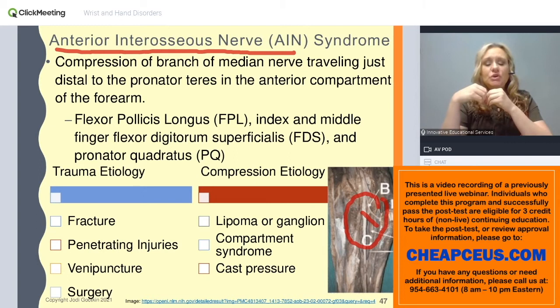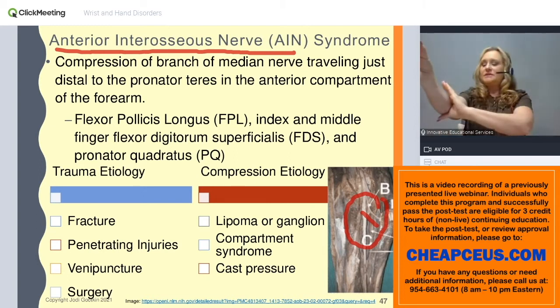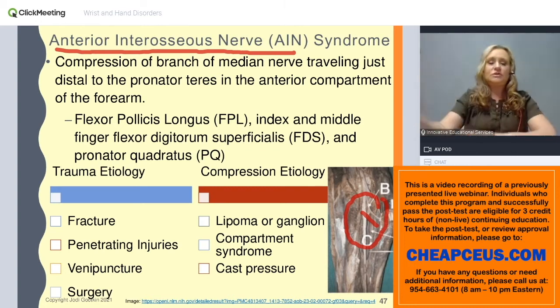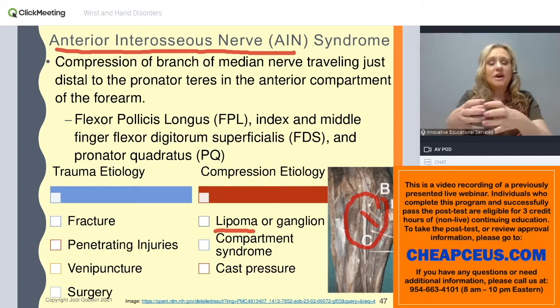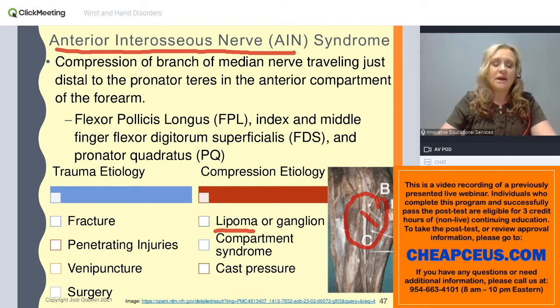Also, patients who have undergone surgical procedures, if a tourniquet is applied for a prolonged period of time, can develop compression of the nerve, as well as compressive pathologies, a space-occupying lesion of a lipoma, a fat tumor, or ganglion cyst. If they have a pathology where the compartment is increasing in its swelling, and then also cast pressure.